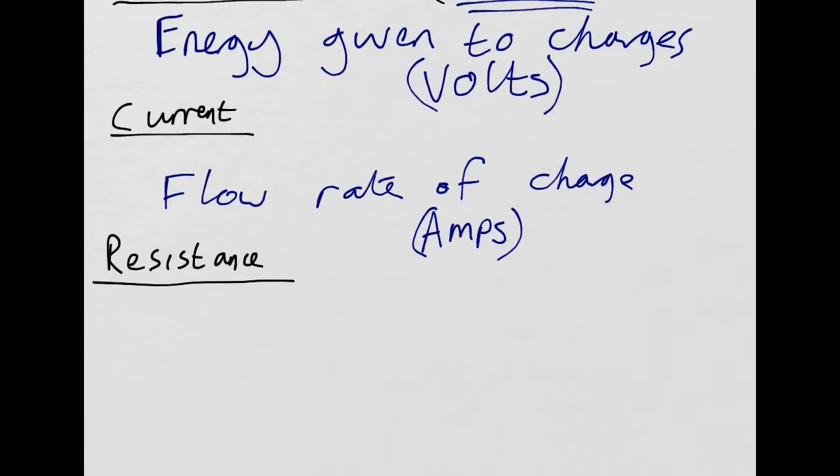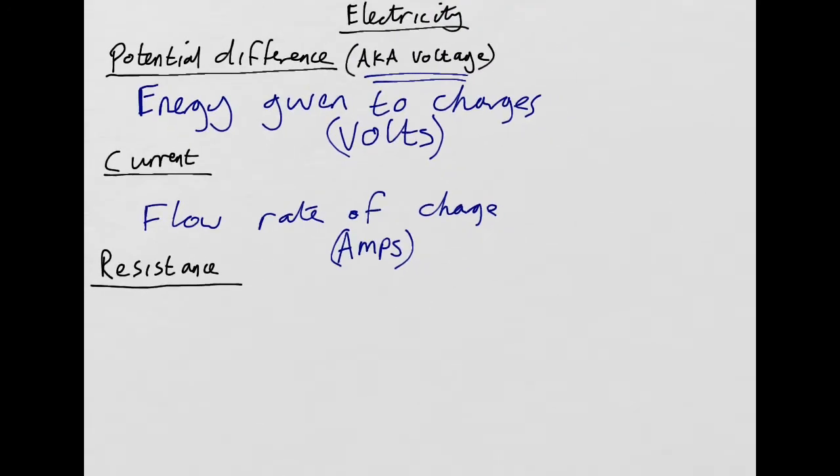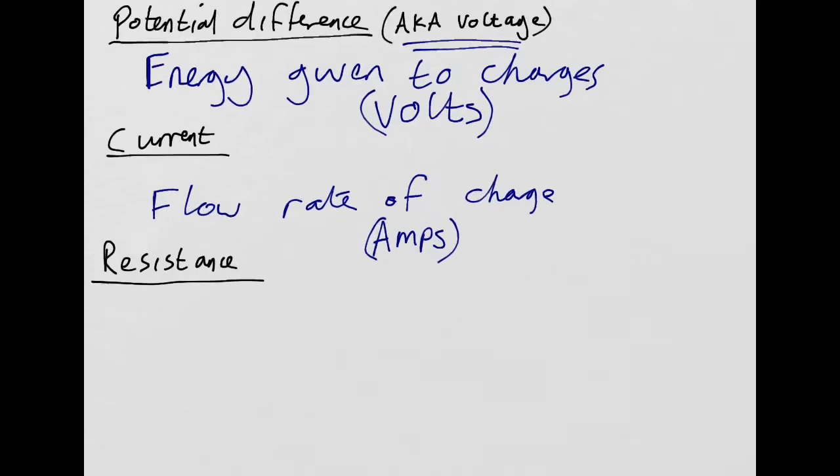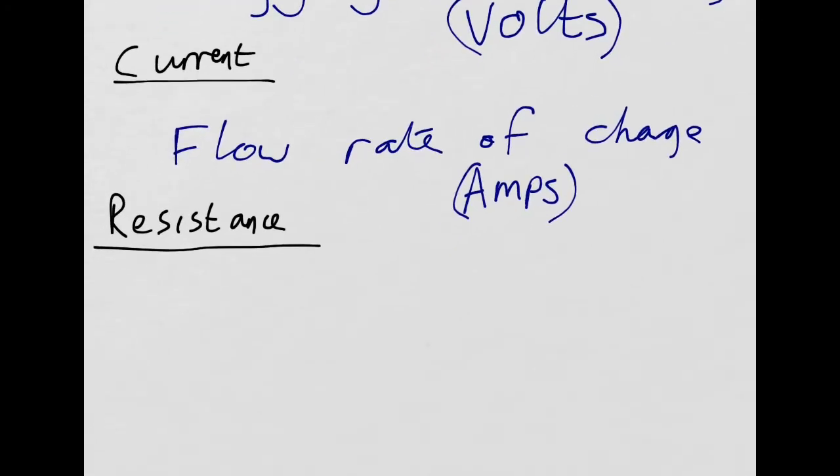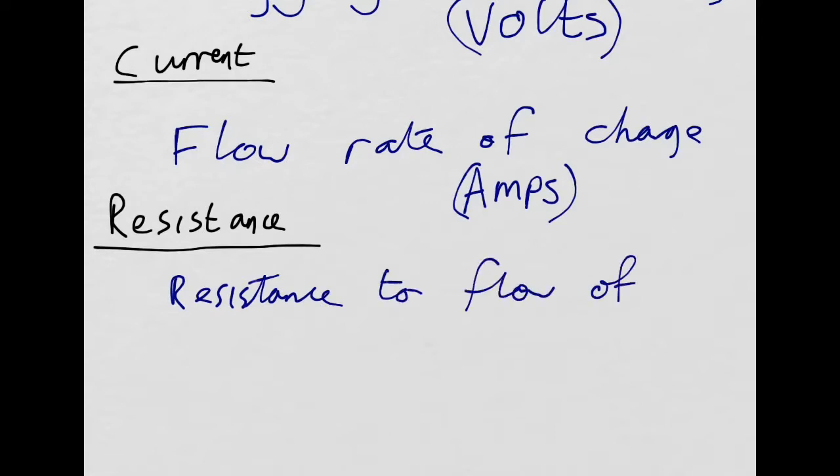And finally, we've got resistance. So resistance is a property of devices in your circuit that is going to try and resist that flow of charge. It's going to try and reduce the current. So this is a resistance to the flow of charge. So that's what our resistance is. Resistance to flow of charge.